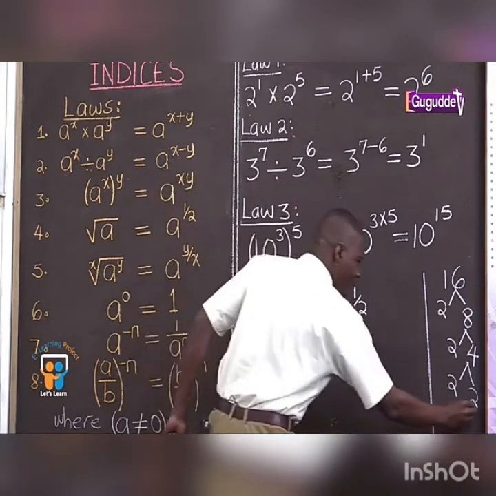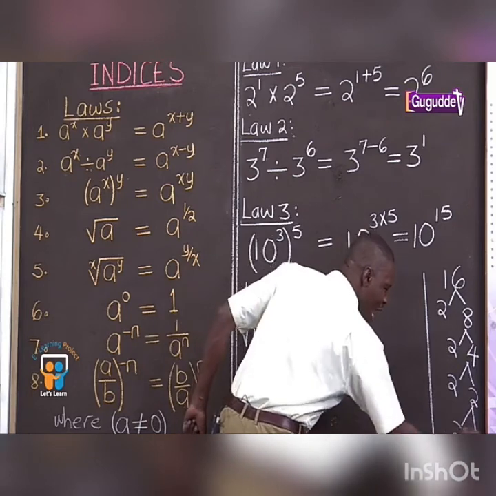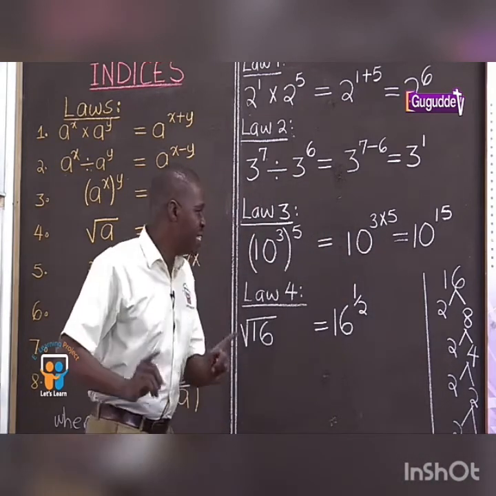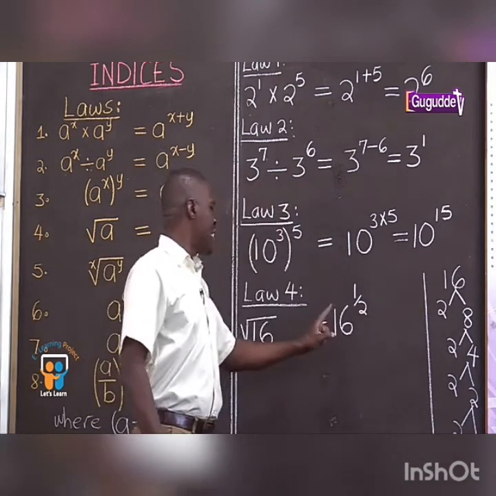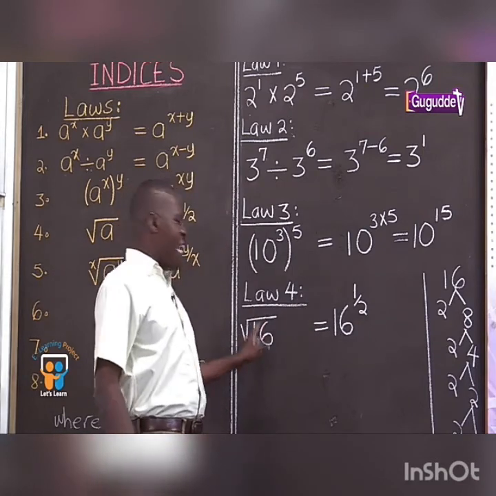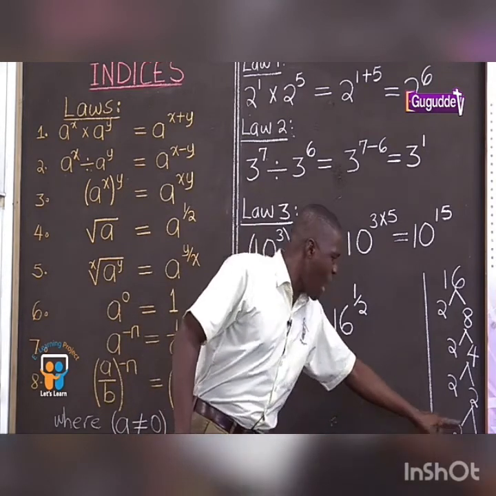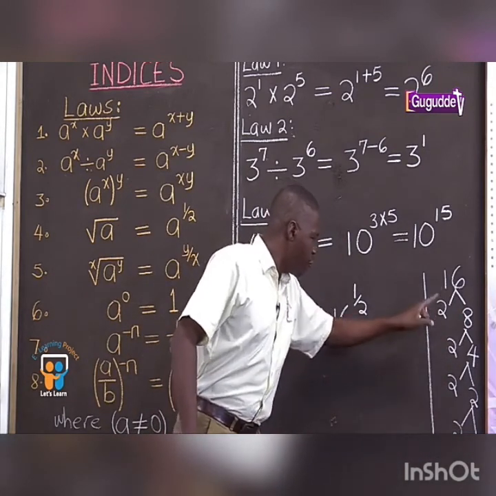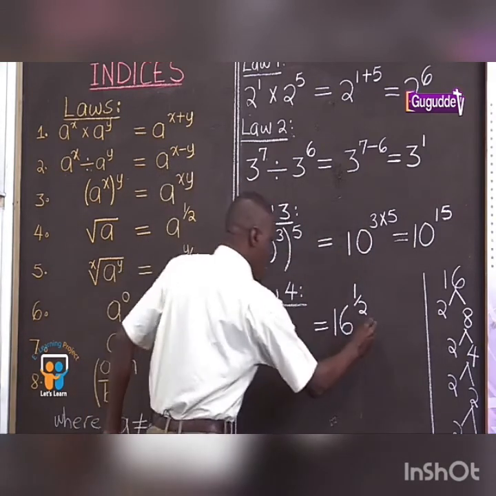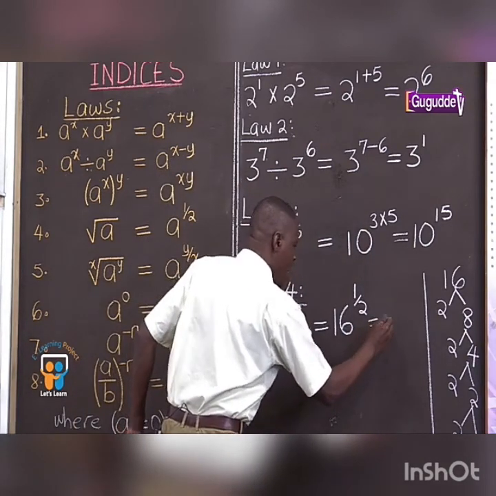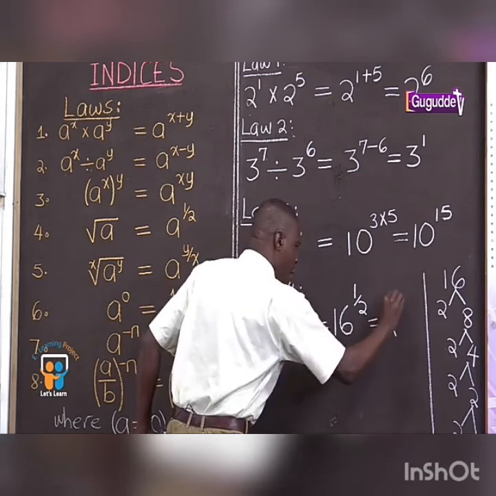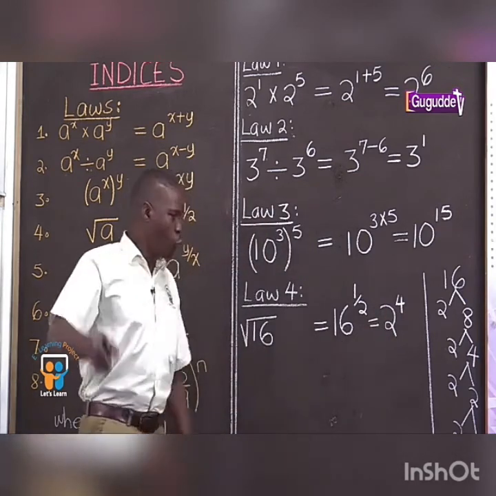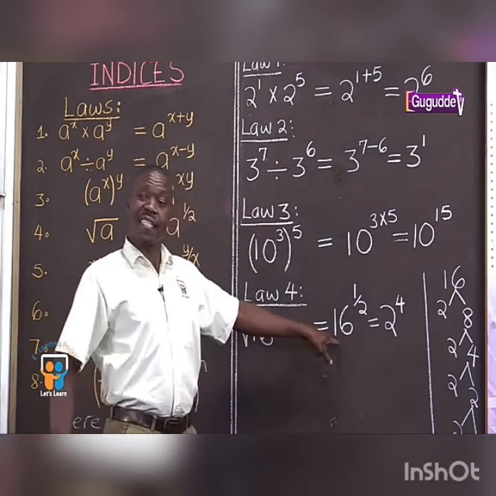We continue. By 2, I have my 1. Which means this 16 is 2 to the power 1, 2, 3, 4. Mr. Examiner, sir, this will equal 2 to the power 4. Remember, 2 to the power 4 is the 16.